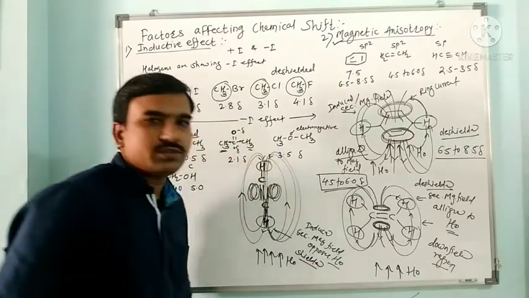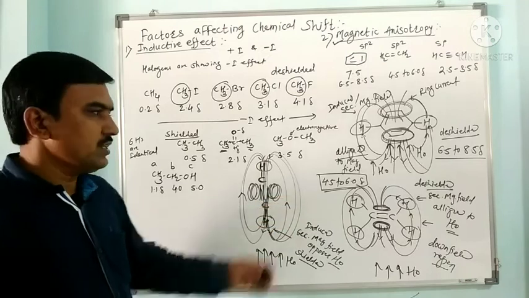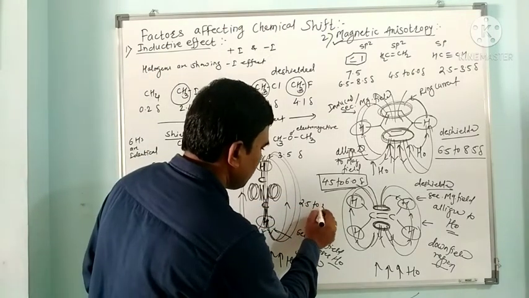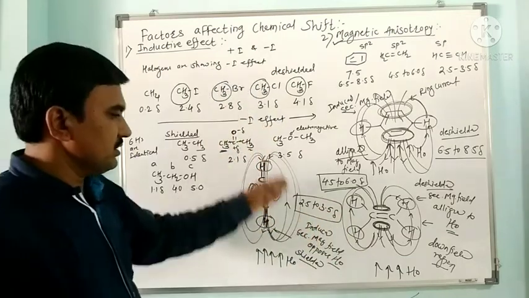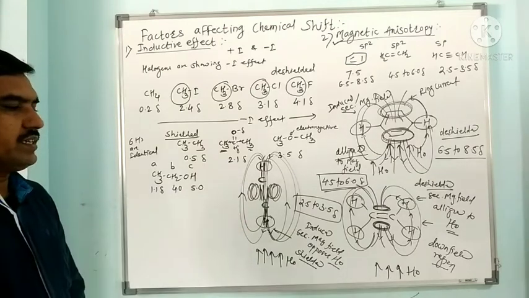The shielded protons require more energy for resonance. So it gives a signal in the range around 2.5 to 3.5, or 3.0 delta. Here this is because of the magnetic anisotropy we observe in the case of acetylenes.